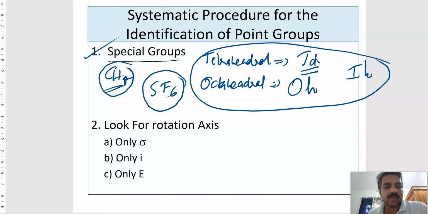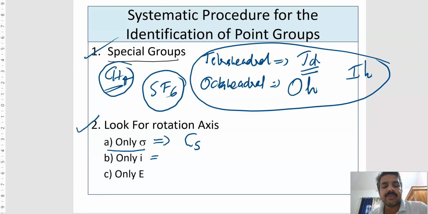Second step, look for a rotation axis. If there is no rotation axis and it has only a sigma plane, no other symmetry element, then we have studied that the point group will be Cs.